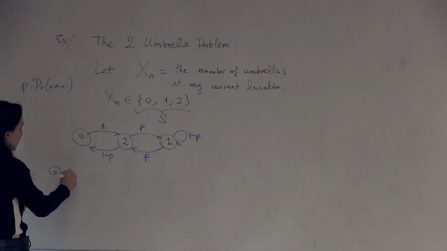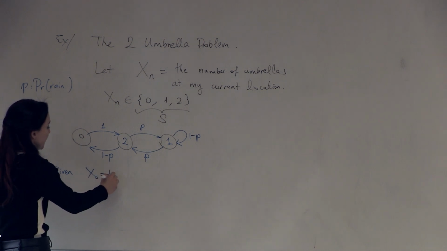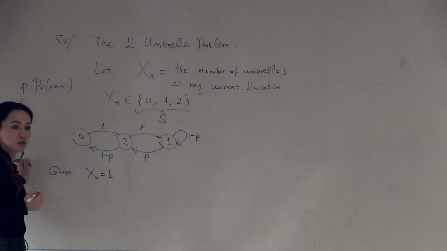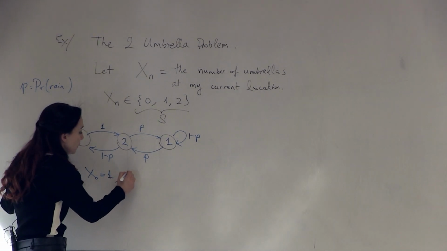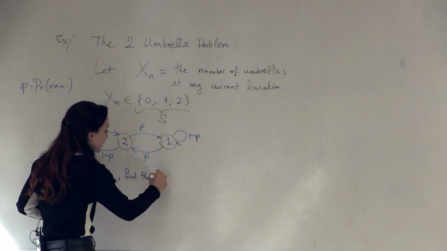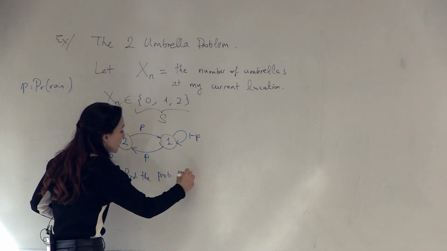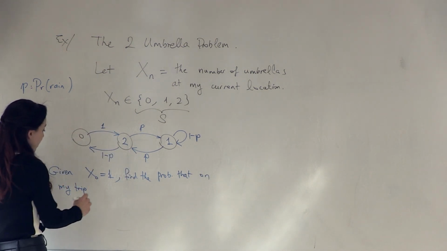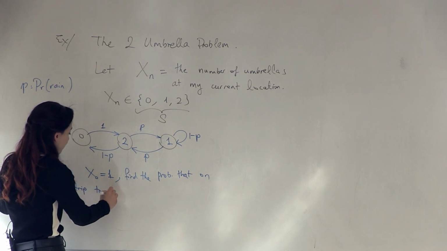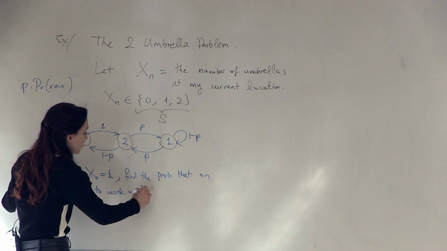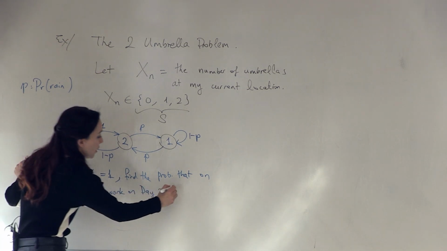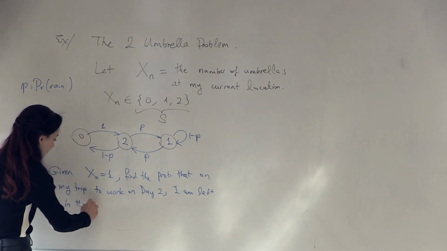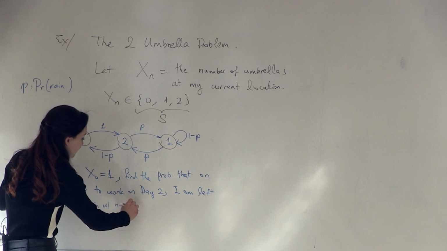Given that X0 is 1, meaning I start with one umbrella at each location, find the probability that on my trip to work on day 2, I am left in the rain with no umbrella.